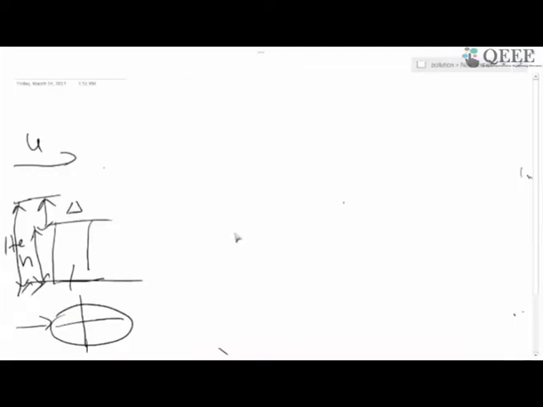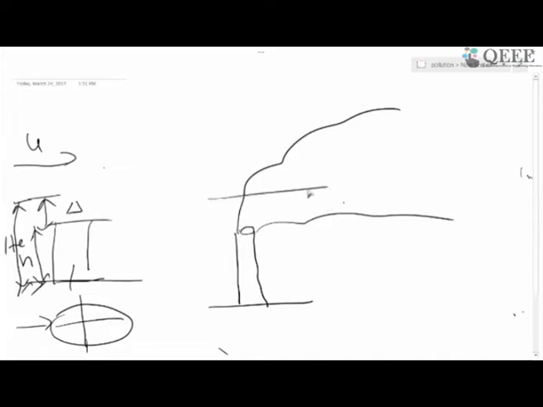Plume rise is important, so take a case. This is an emission contributed by a stack, and this will be the initial plume rise. Now if I increase the temperature, the plume height can also increase, or if I increase the stack height.